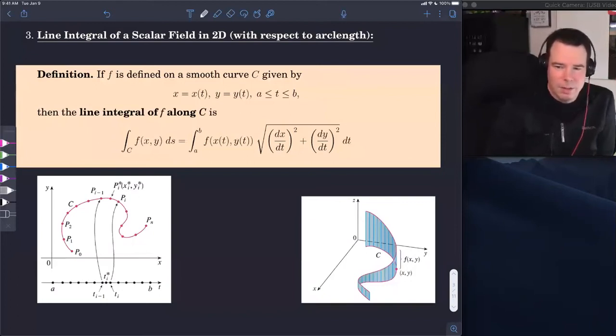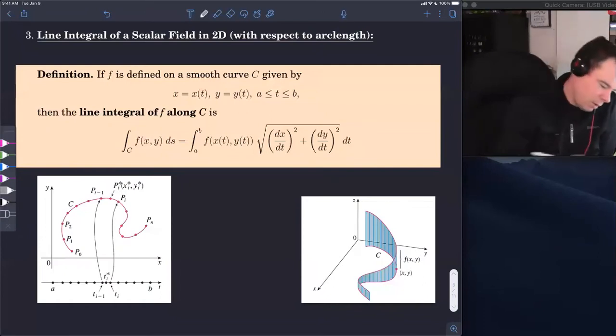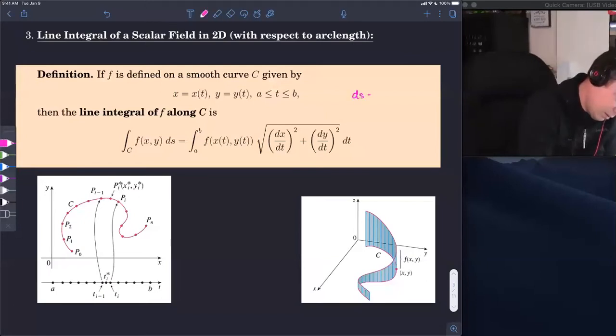What is arc length? ds is the magnitude of r prime. So it's the tangent vector, and then you take the magnitude of it. In other words, ds is the magnitude of r prime of t dt.